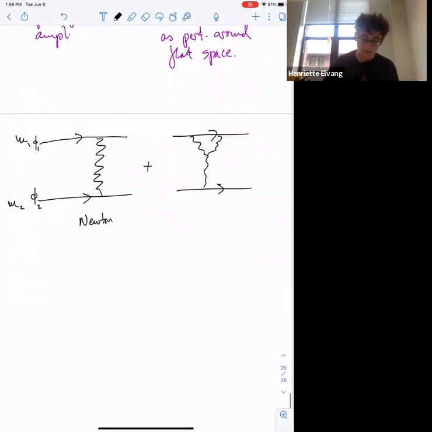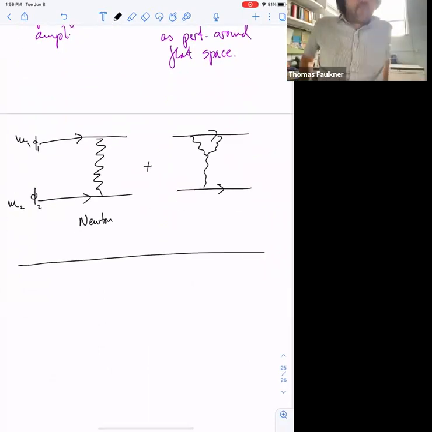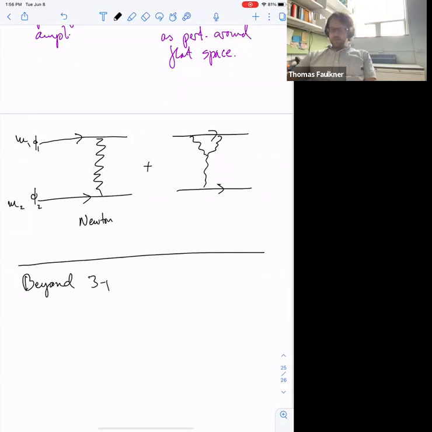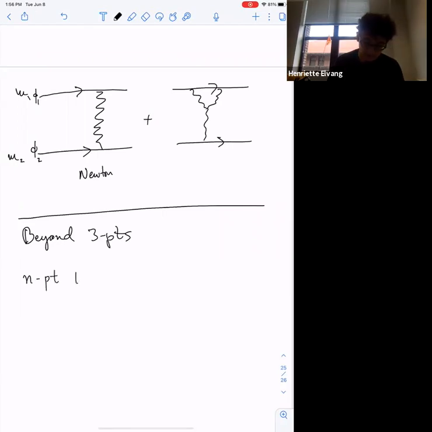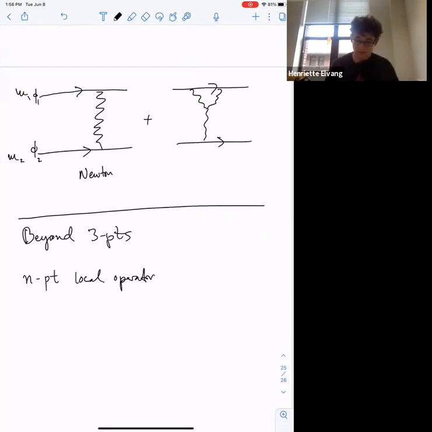I want to go beyond 3 points now. And just give you one example. So suppose I have some n-point local operator in my Lagrangian that I'd like to understand.